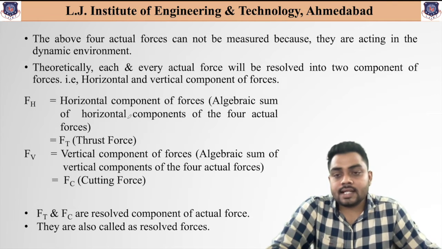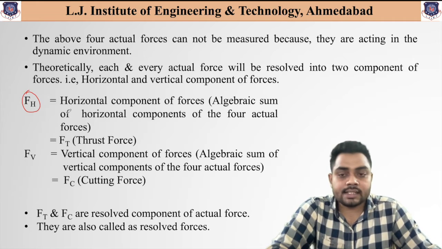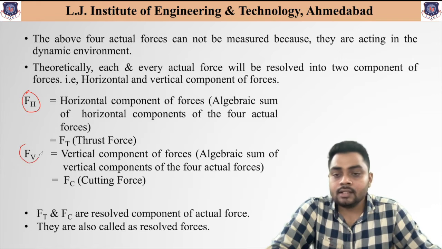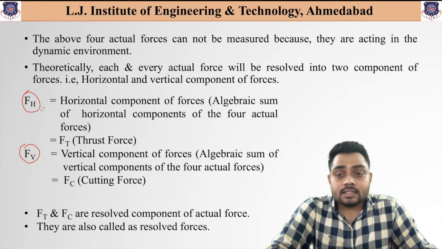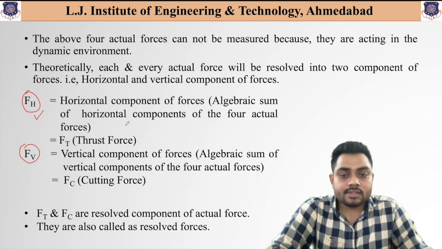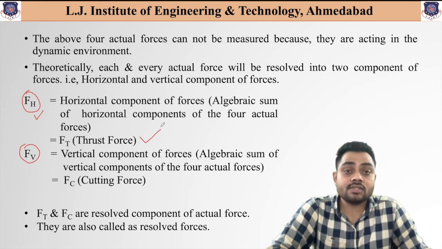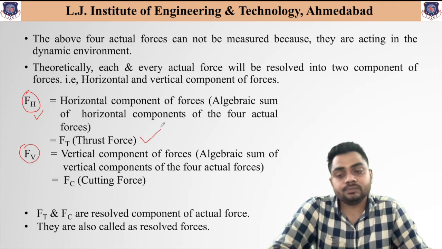These forces are indicated as Fh, the summation of all the horizontal forces, and the second one, the vertical force Fv. In further discussion, we will call the horizontal force the thrust force, because this force helps to overcome the thrust.